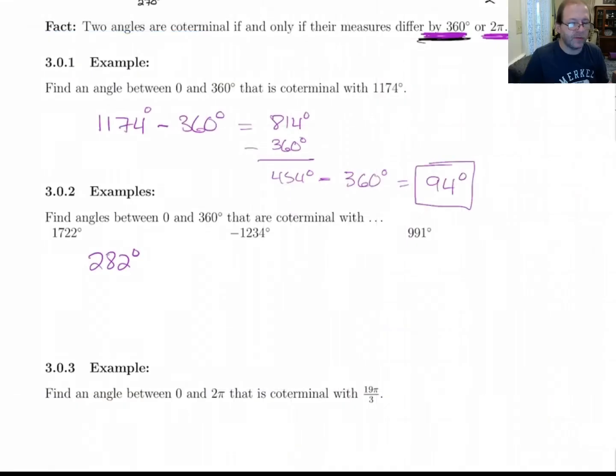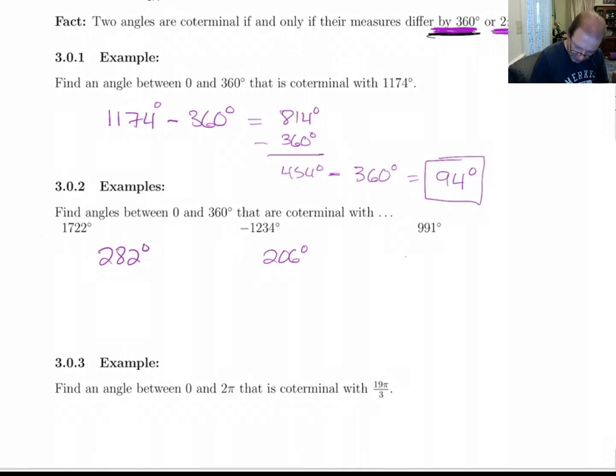All right, this next example is negative 1234. So I'm going to put in negative 1234, and now I'm going to add 360 onto it. Do that several times until I finally get up to 206, and then 991. That gives me 271 degrees.